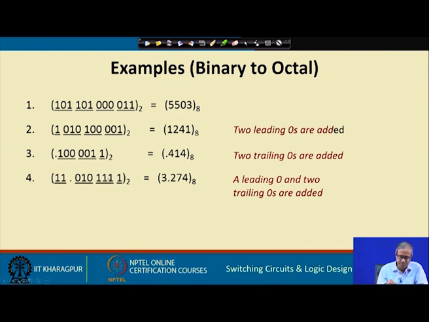For a mixed number, with both integer and fractional parts, for the integer part we scan from right to left: 11, add a 0, it is 3; 010 is 2; 111 is 7; 1, add 2 zeros, it becomes 4. So a leading 0 is added in the integer part and 2 trailing zeros are added in the fractional part. Binary to octal is done like this.